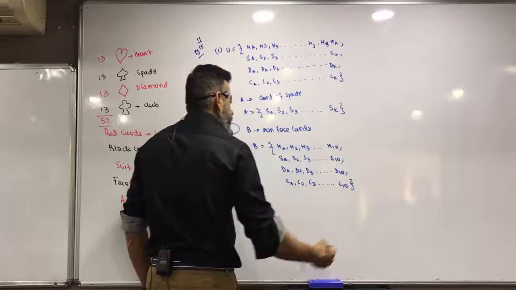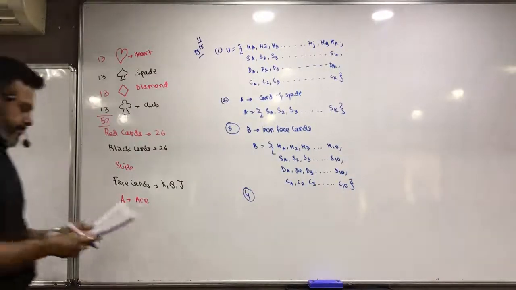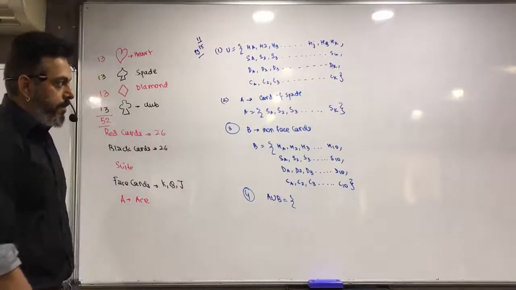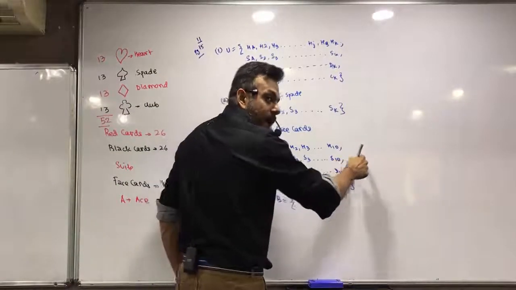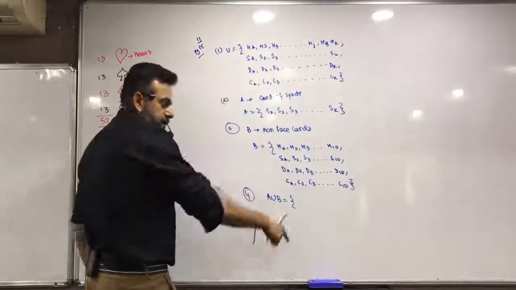Fourth, A union B, bit lengthy, A union B. So over here, this will go till J, Q and K. And then again we have to write this.